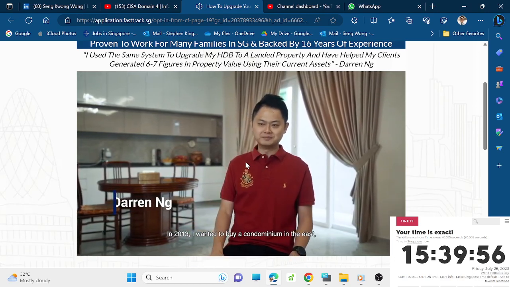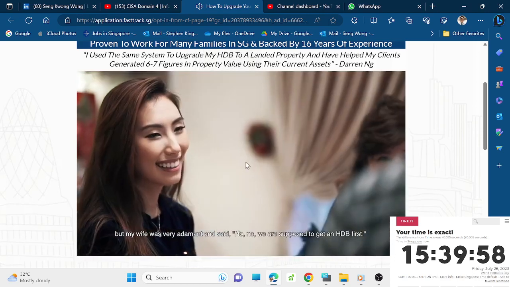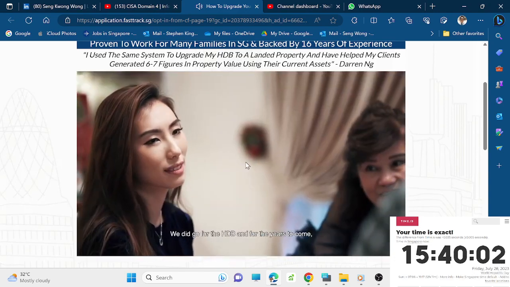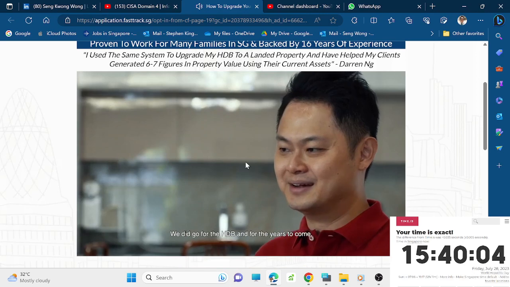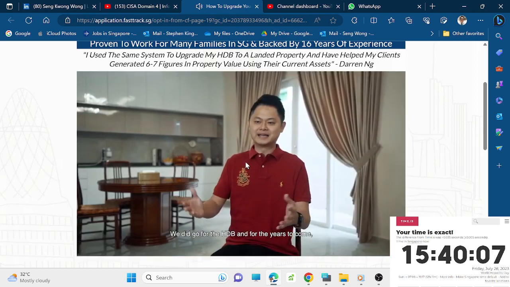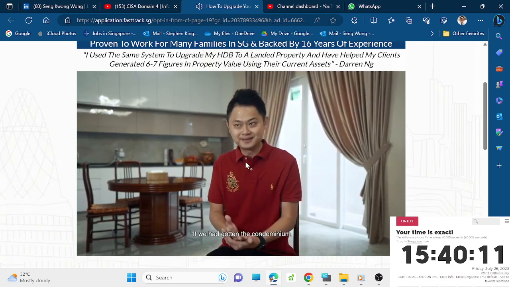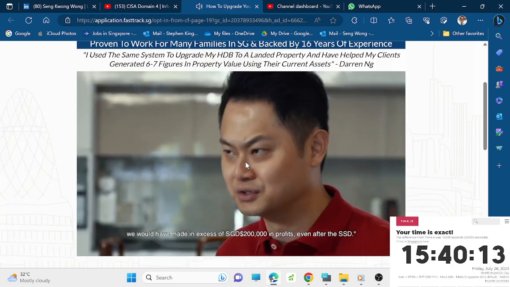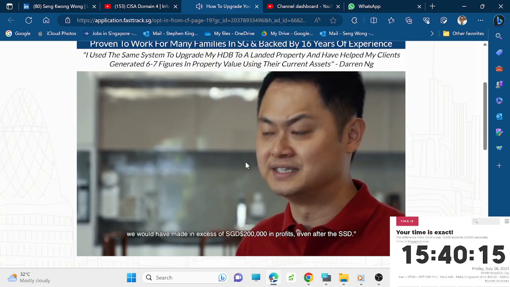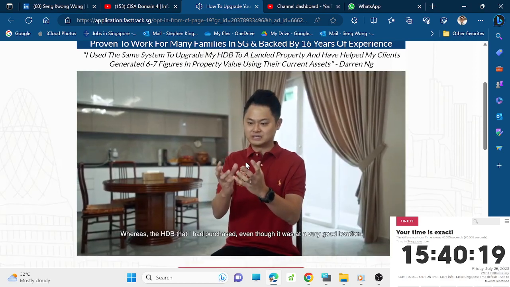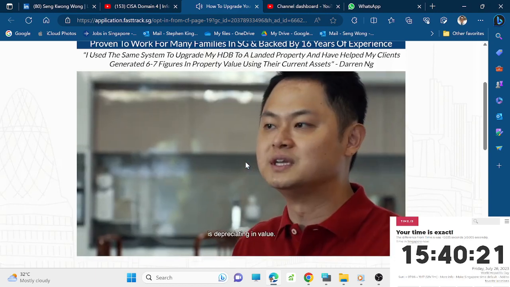There was a freehold condominium in the east, and my wife was very adamant and said, no, we are supposed to get HDB first. We did go for the HDB, and from the years to come, I keep reminding her because I'm in the market. I told her that if we had gotten that condominium, I would have made in excess of $200,000 in profits, even after the SSD at that point in time. Whereas my HDB, even though it's at a very good location, is depreciating in value.